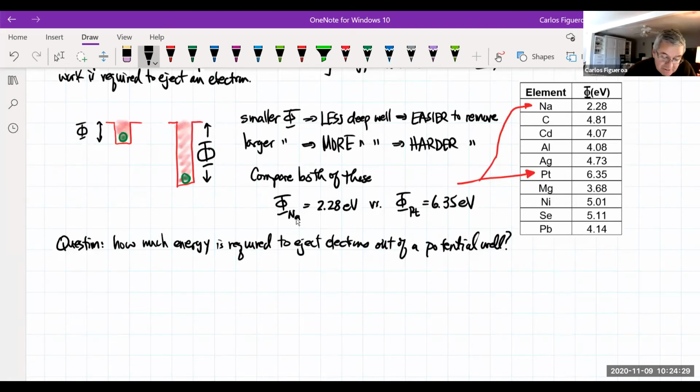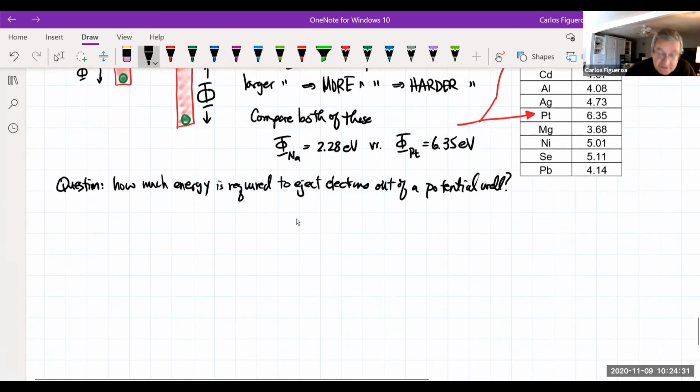He says, okay, here's my well. And I know that this well has trapped electrons that are weakly bound. And then he says, I'm going to focus on one of these.